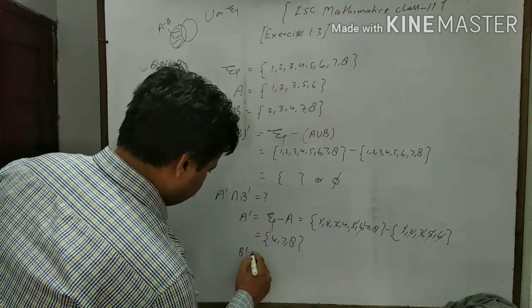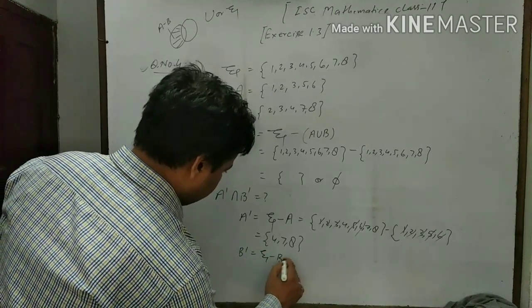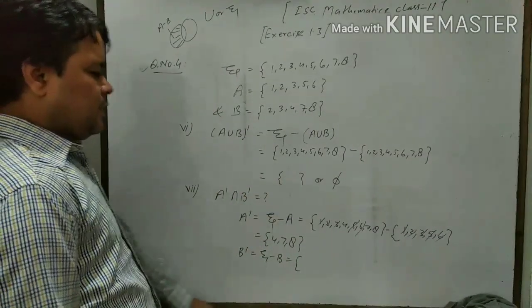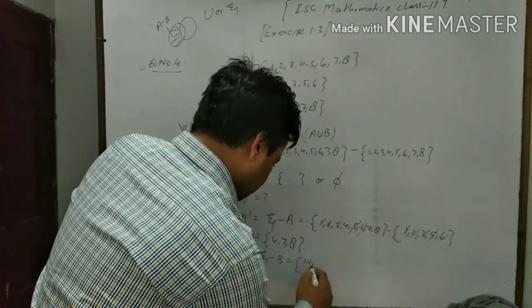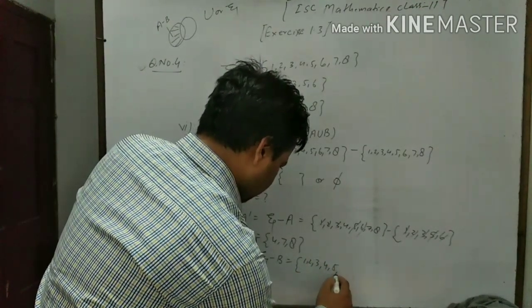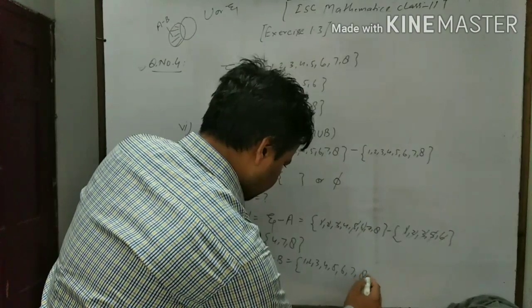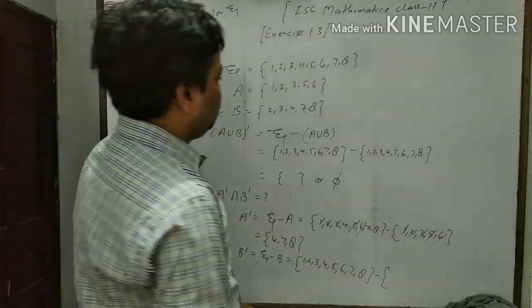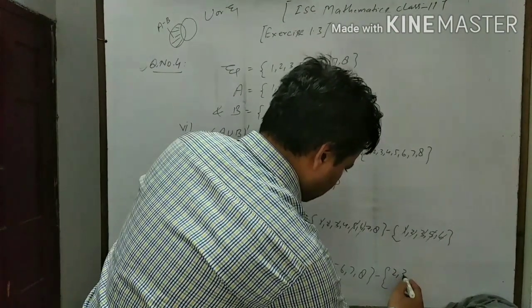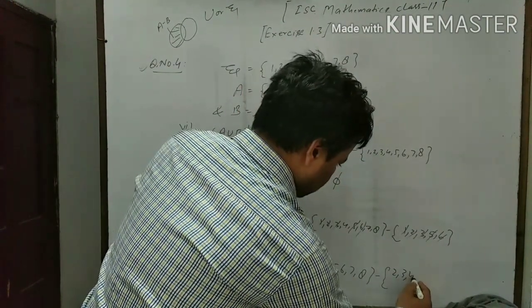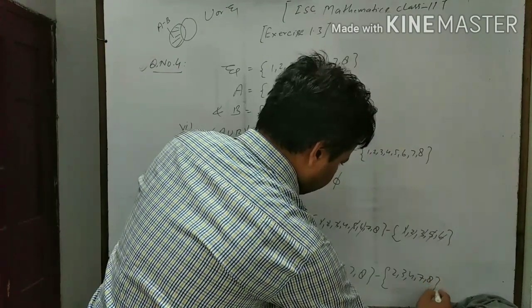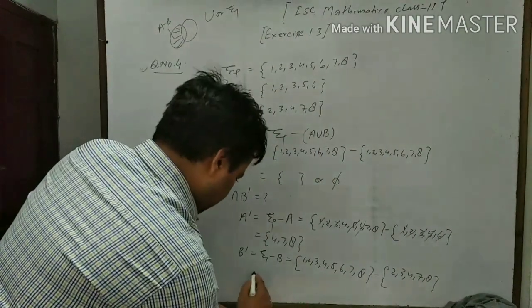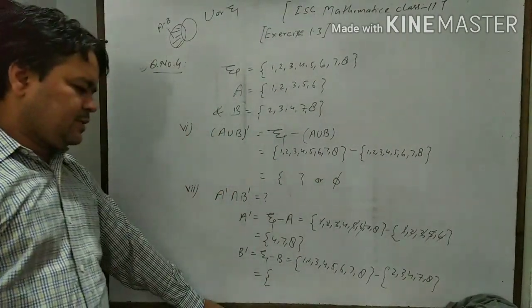B dash is the universal set minus B. Again we write the universal set 1, 2, 3, 4, 5, 6, 7, 8 minus set B, 2, 3, 4, 7, 8. Then what is the complement of set B?